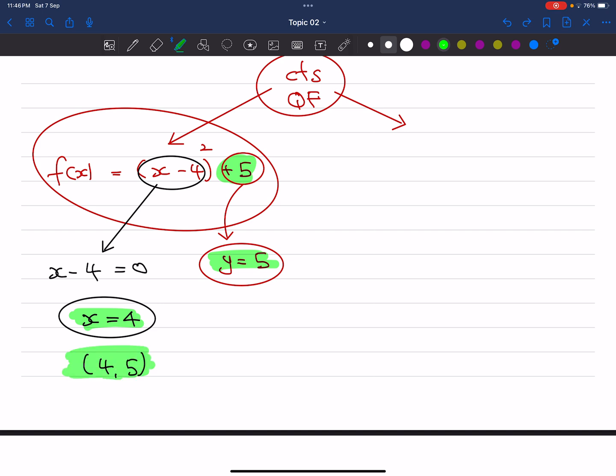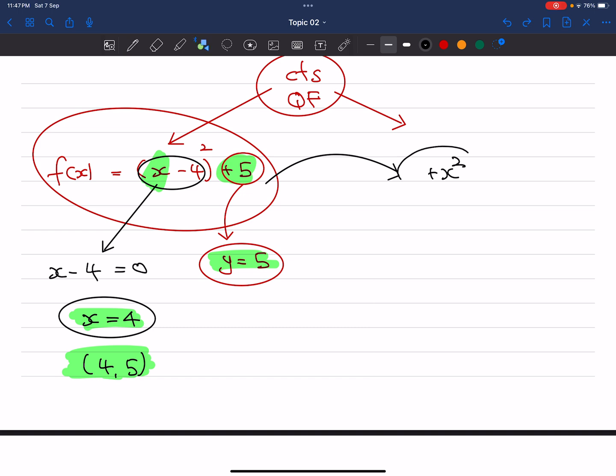If you look at the brackets, if I were to square the x, I'm going to get positive x squared.